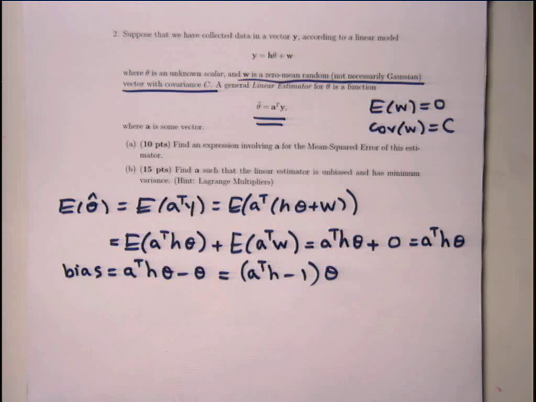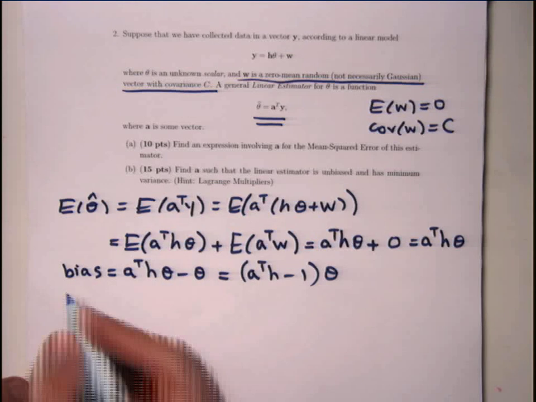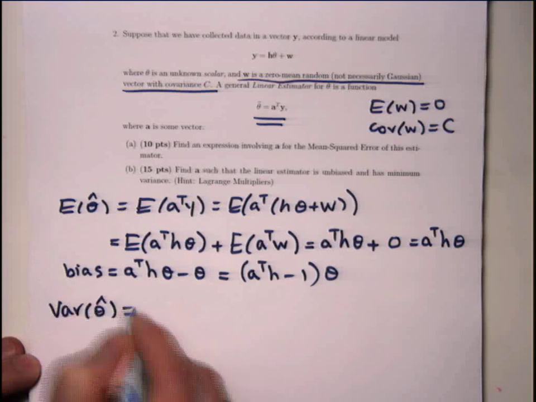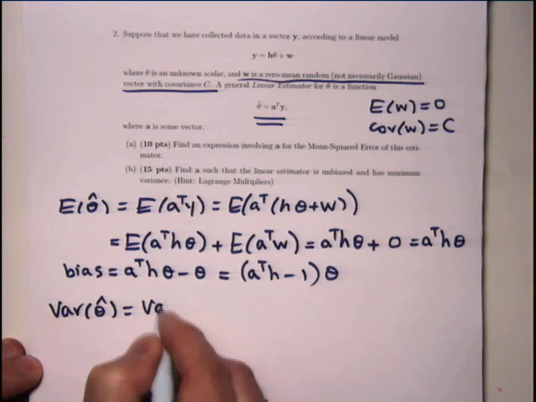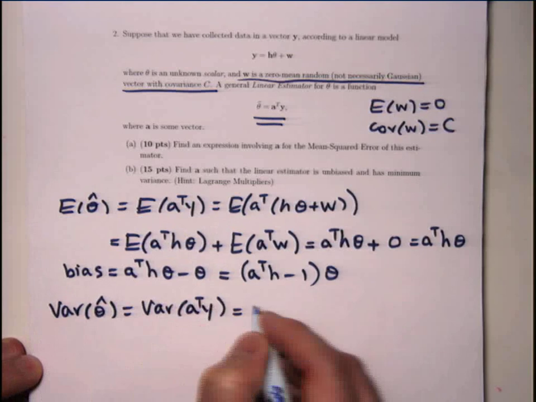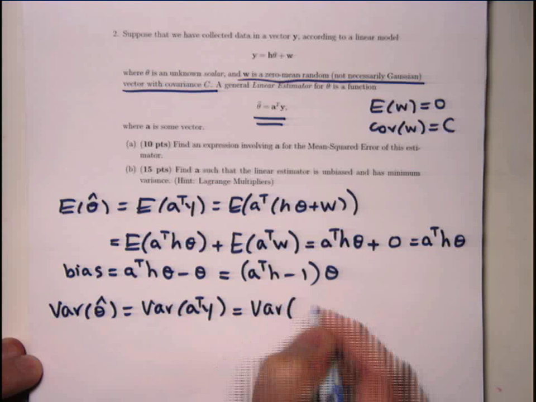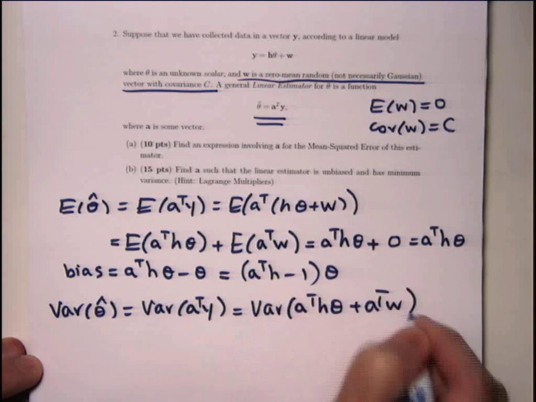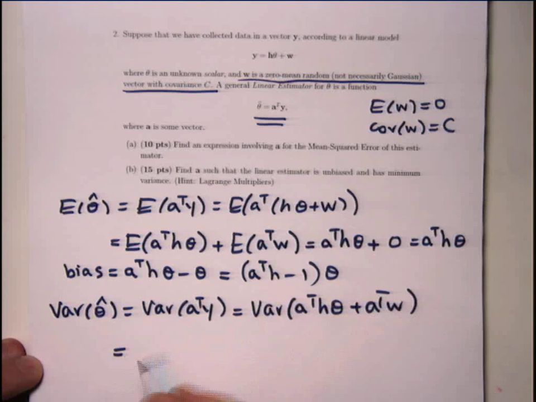Then let's take a look at the variance. Variance of theta hat is the variance of A transpose Y. Again, plugging in, the variance of A transpose H theta plus A transpose W. Okay?